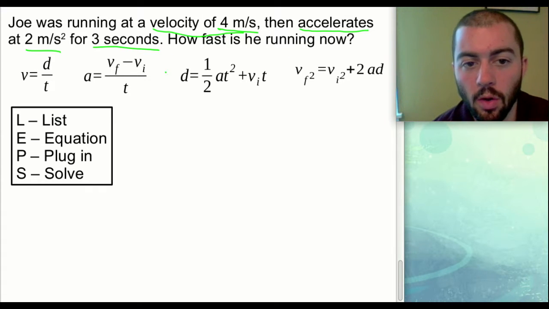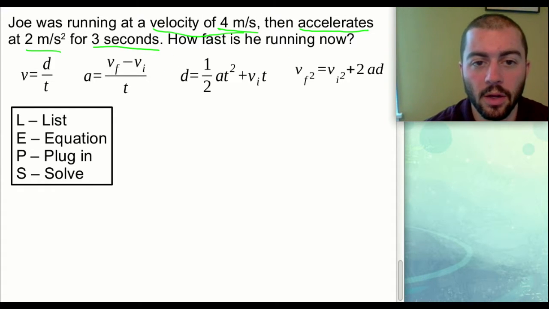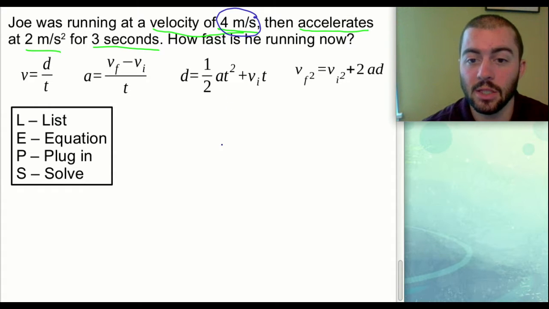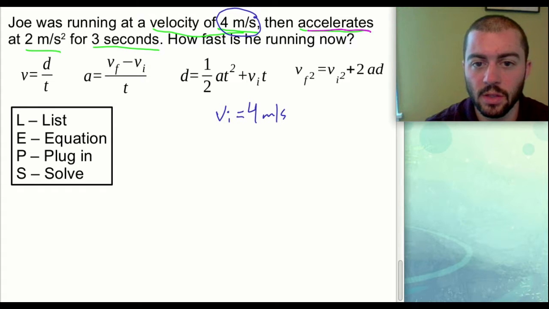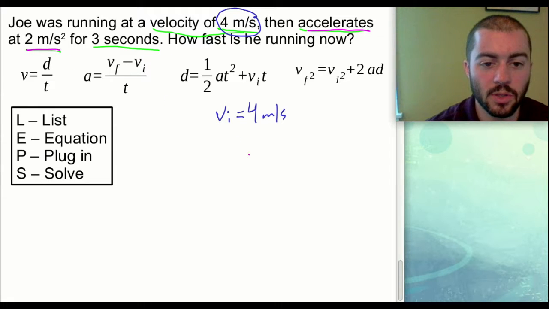Okay, so we have a whole bunch of information we can pull out here. If we start taking it one by one, the first thing is we have this velocity of 4 meters per second. That's the velocity that he started at, so that's going to be our initial velocity. All right. And then he accelerates at 2 meters per second squared. So that was worded very nicely.